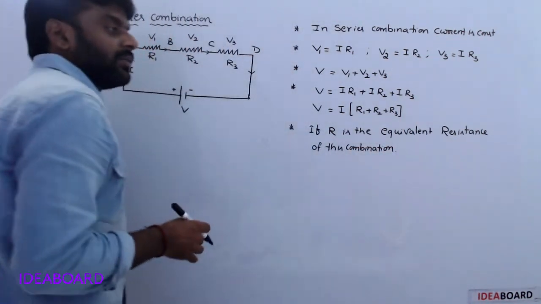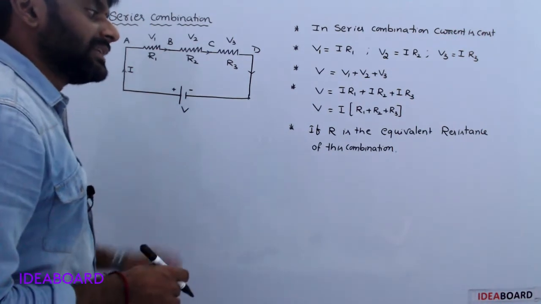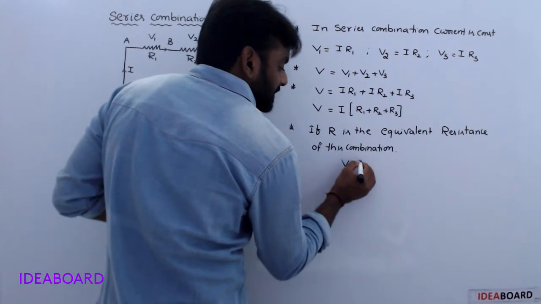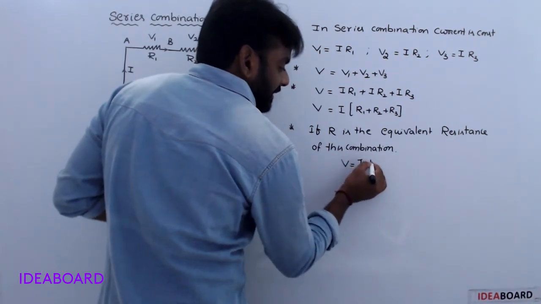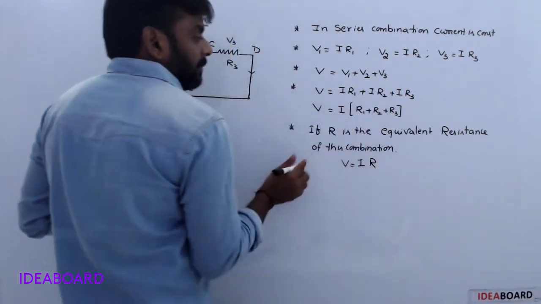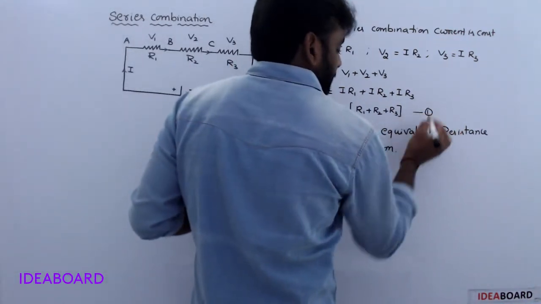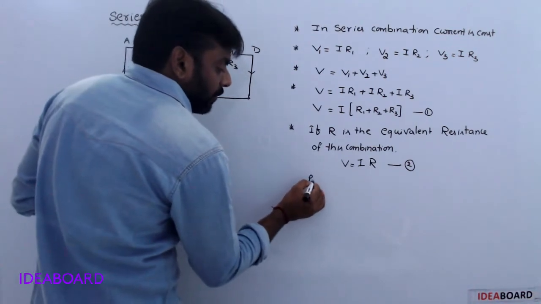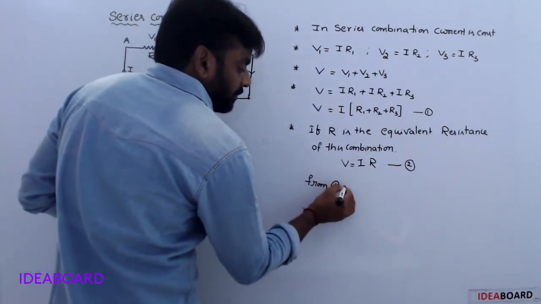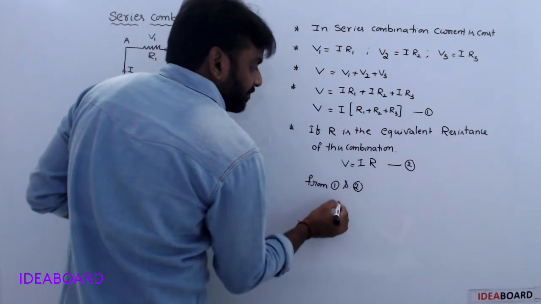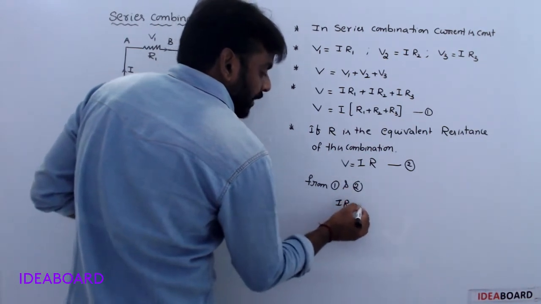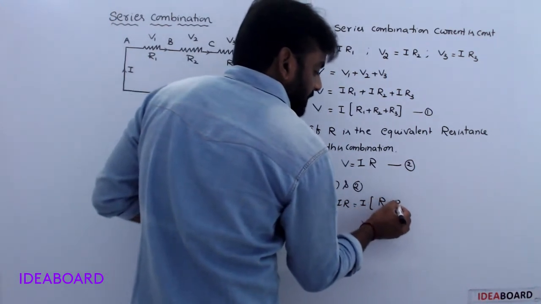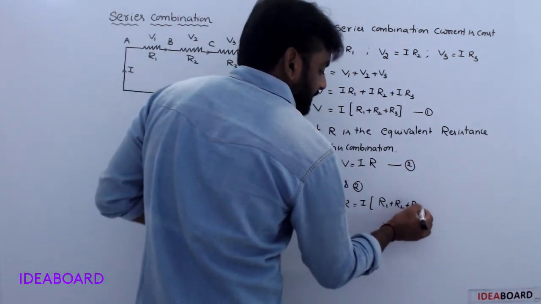In that case, you write the drawing current as I and the resistance as R. By using these two equations, from 1 and 2, I R is equal to I in bracket R1 plus R2 plus R3.